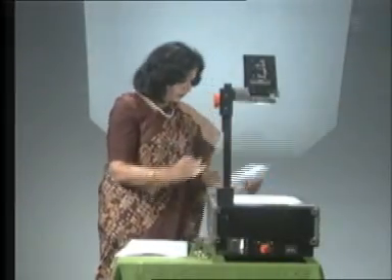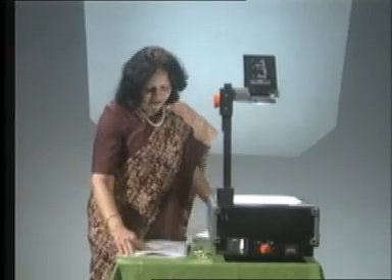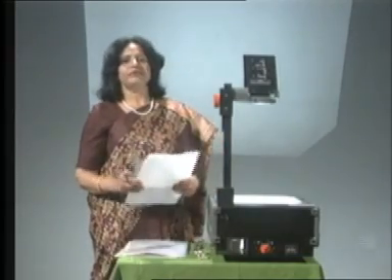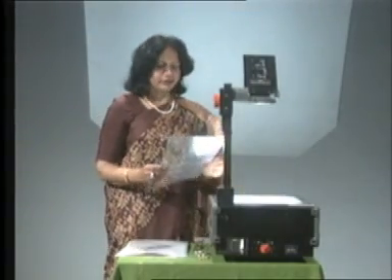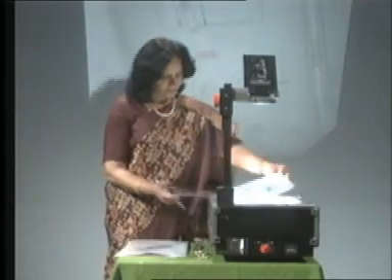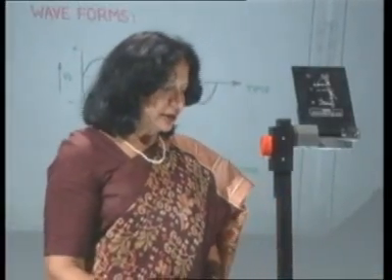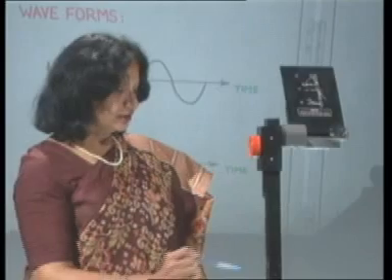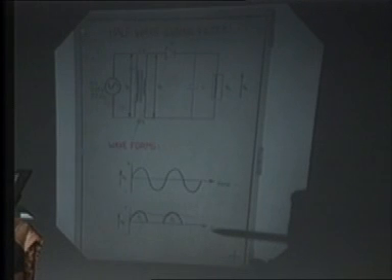Another example of the overlay is how the waves are formed in the CRO with the filter and without using a filter. Here in the half wave rectifier, say the waveforms are like this. Now, if the filter is there, the shape of the waveform changes.